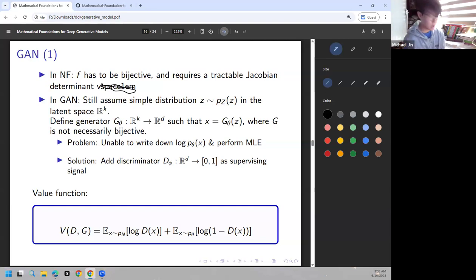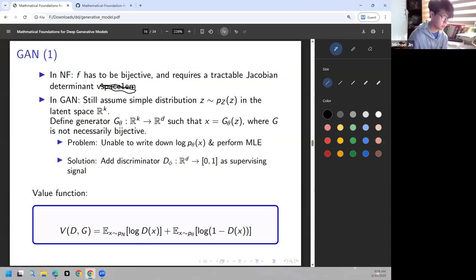But the problem now is that we are unable to write down a good expression for the log likelihood and perform MLE to make the parameters optimal.